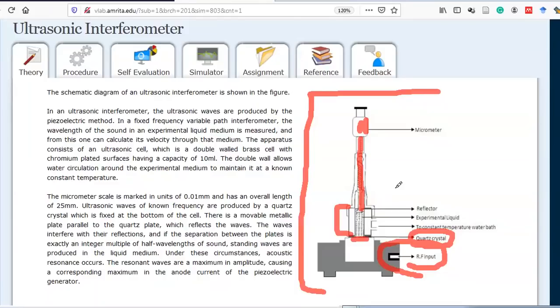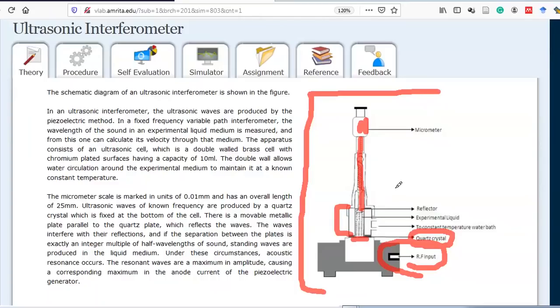What is d? d is the distance between the two fixed ends, the bottom and the top, n is an integer, and λ is the wavelength. So 2d = nλ has to be satisfied if it follows the standing wave pattern. Just keep in mind this formula, 2d = nλ. I hope you have gone through it earlier also.